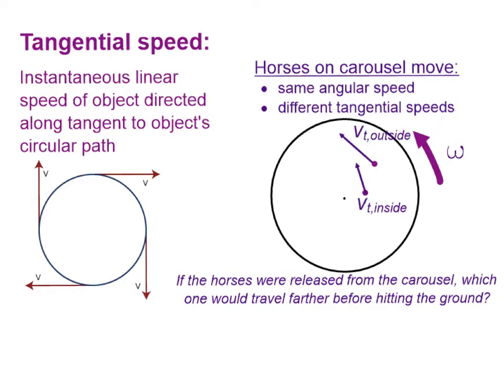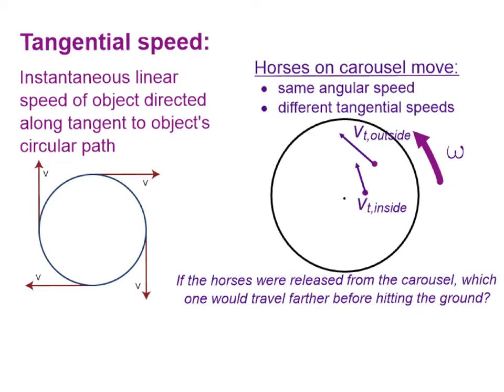The tangential speed for the outside horse is going to be different than for the inside horse. V sub t stands for the tangential speed.